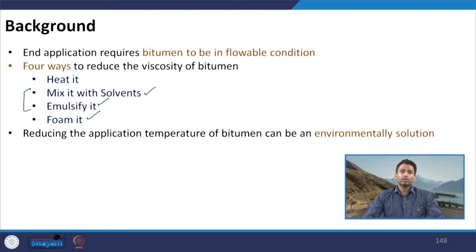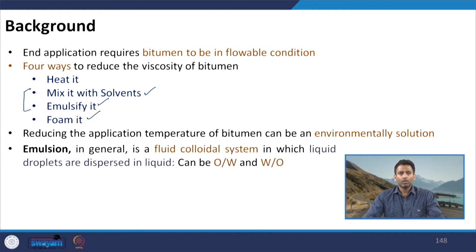In contrast, other technologies such as using bitumen emulsion can help in reducing the actual viscosity of the bitumen without the need of applying additional energy.